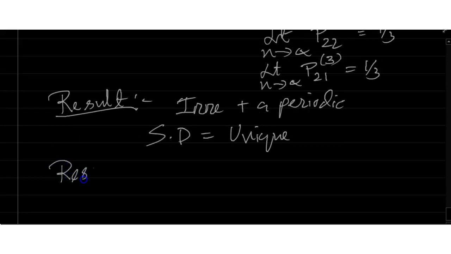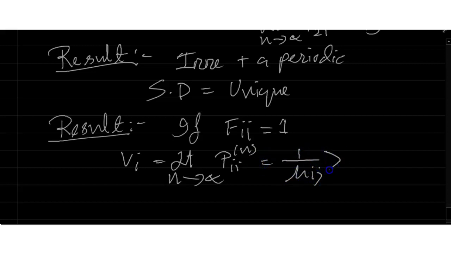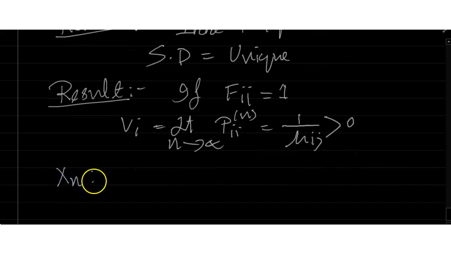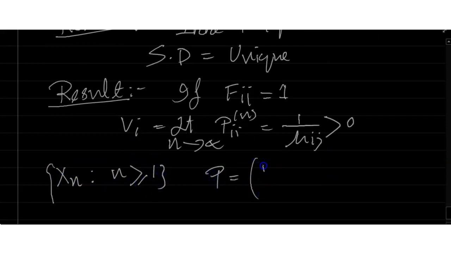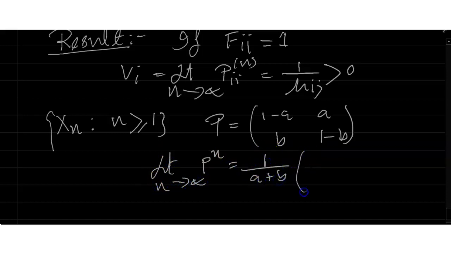Important result: if i is recurrent, then v_i equals limit n tends to infinity P_ii^n equals to 1 by mu_ii, greater than 0. If X_n such that n greater than or equal to 1 and P equals to 1 minus a, a; b, 1 minus b, then limit n tends to infinity P^n equals to 1 by (a plus b) times b, a; b, a.